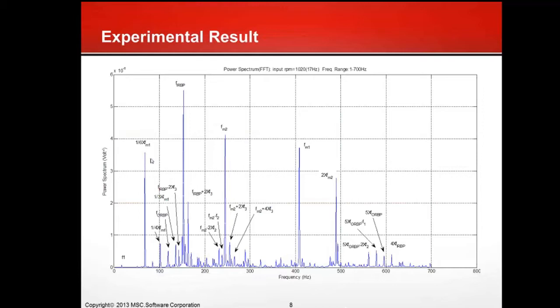Look at the 1/6 of the gear mesh frequency of the first stage; the peak shows up. Also this is the inner race ball pass frequency of the bearing, and this peak is dominant.